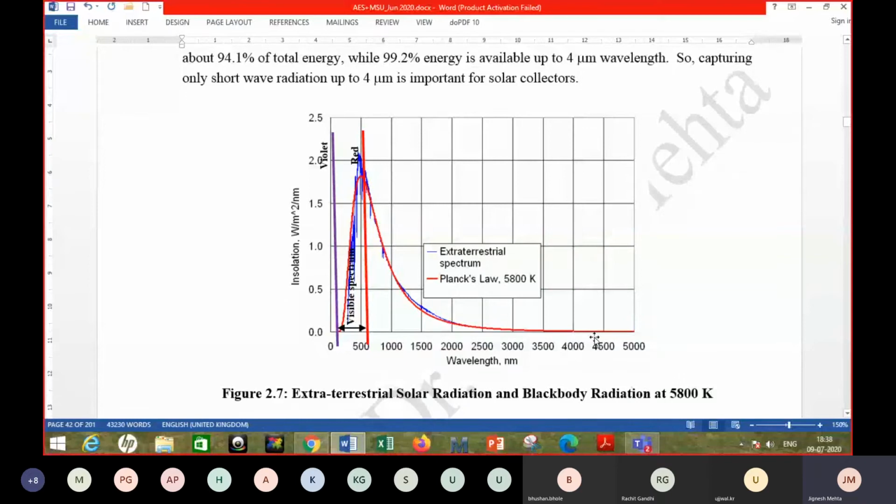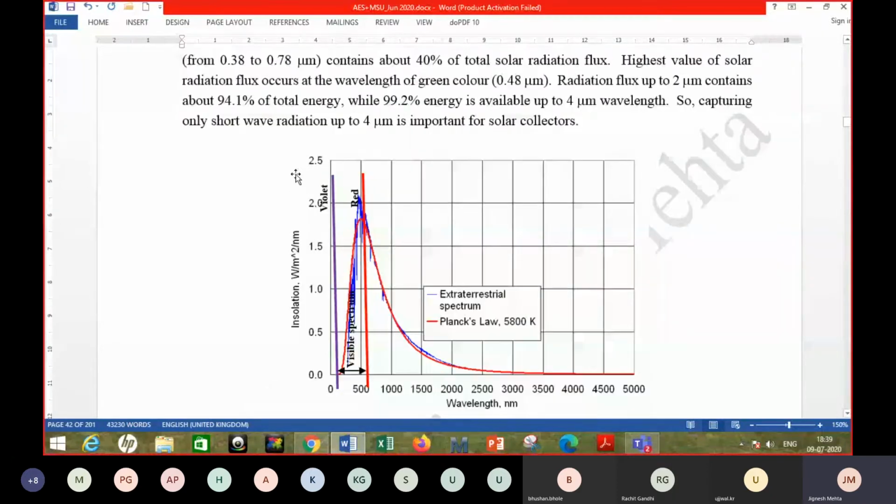You hardly see any area below that, and even for this 2000, little area is remaining below. So when you're talking about collecting solar radiation, you are concerned only about collecting up to 4000 nanometer or 4 micrometer maximum. If you can collect radiation up to that, it is more than enough.